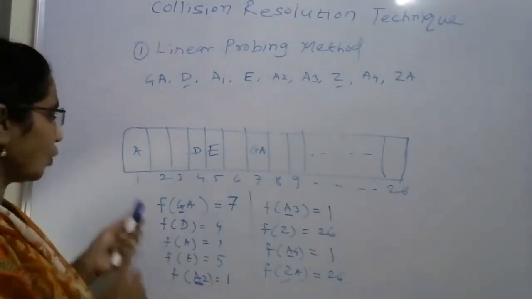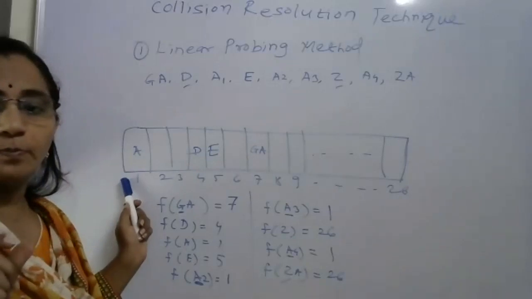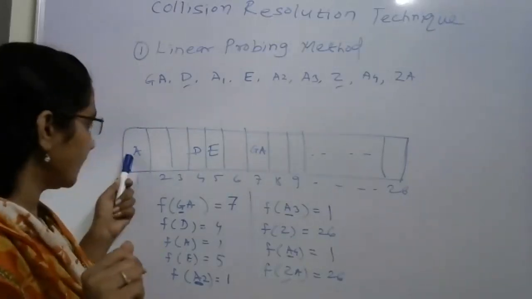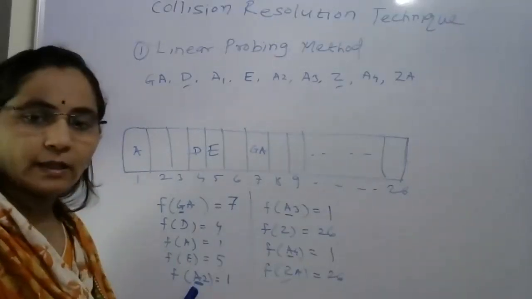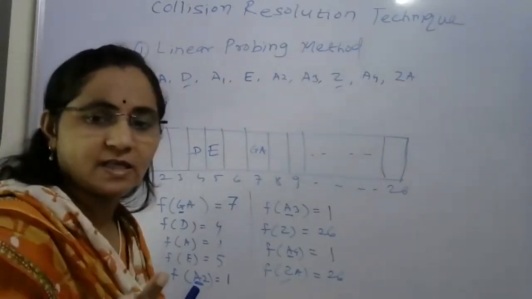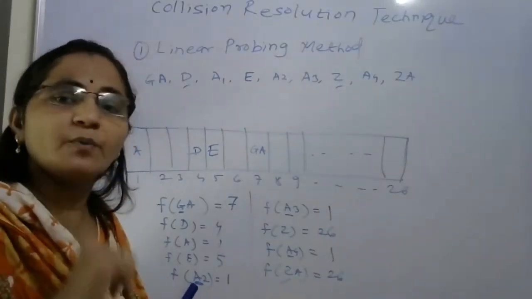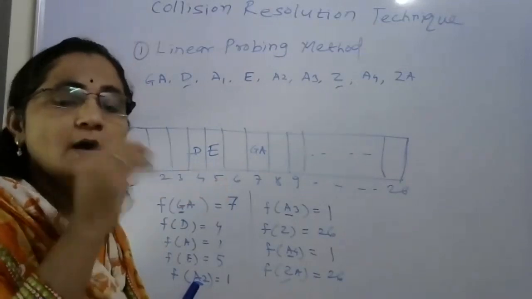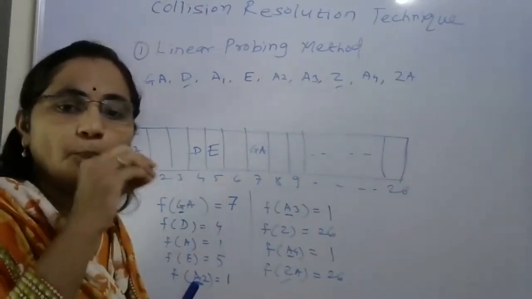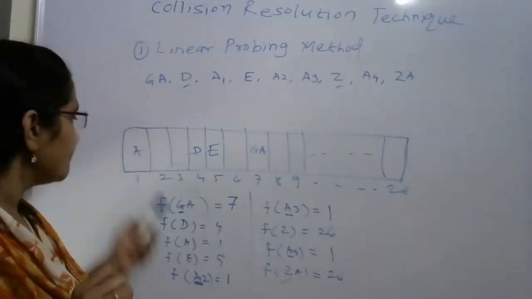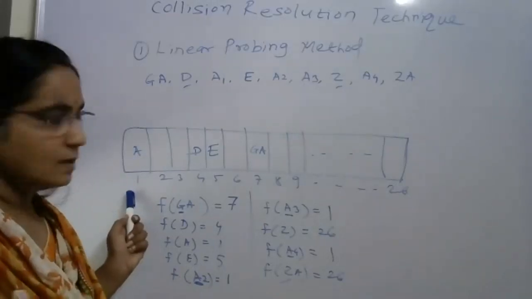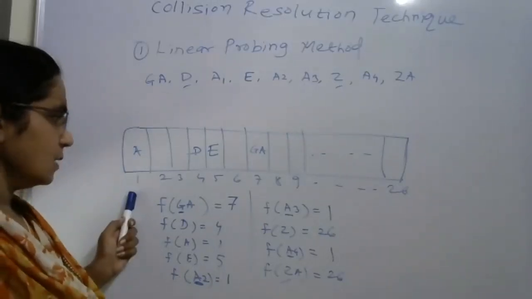See here, the collision occurs. The first bucket is filled with A, and the next identifier A2 generates the same address 1. Now the question is where I have to put this A2, because 1 is already filled.